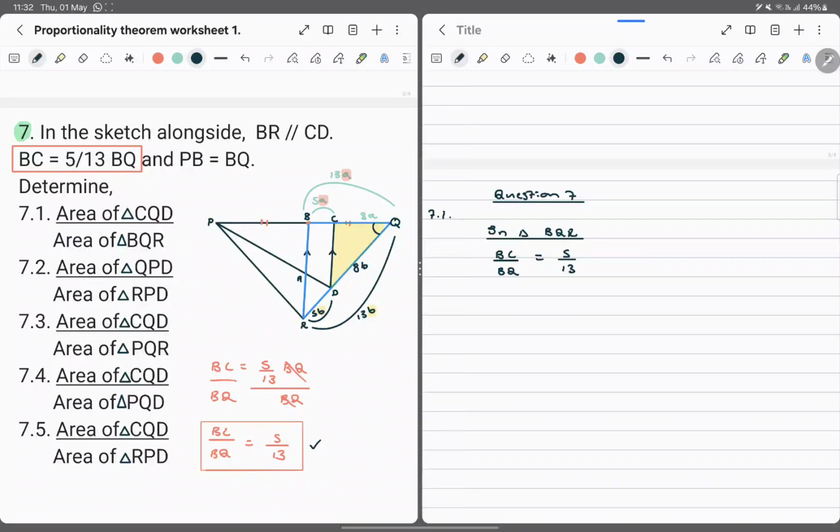Of course, one can just write this as it is given and then make a conclusion. Maybe let's show you the right way of doing things. BC is equal to 5 over 13 BQ. We can make a conclusion that therefore BC over BQ is 5 over 13, which is what we do. So that's what is important.